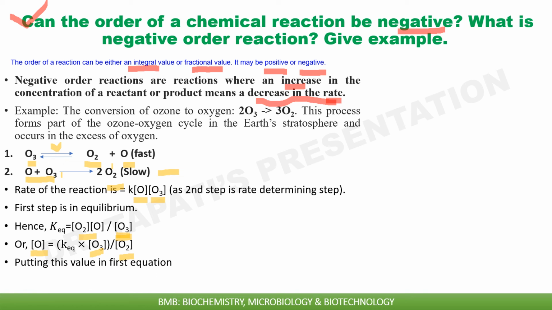If we put O value in this equation, we will get that rate of the reaction is K into K equilibrium O3 into O3 divided by O2. Here we are putting this value in this equation, and final result is K prime O3 square into O2 minus 1.